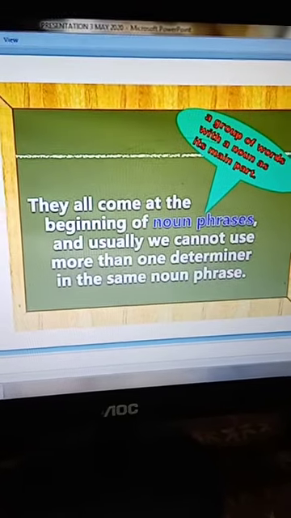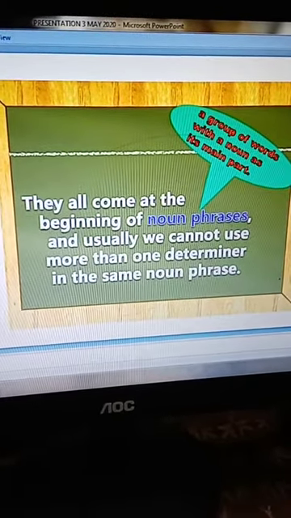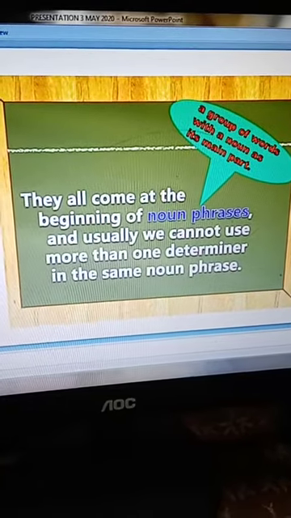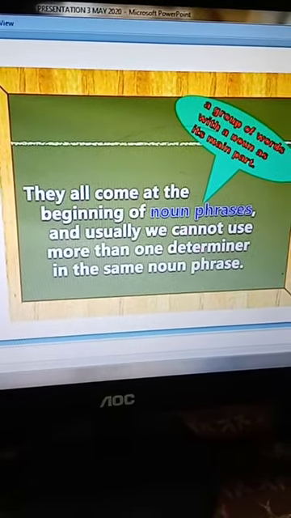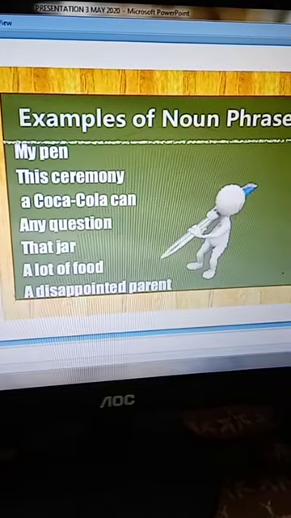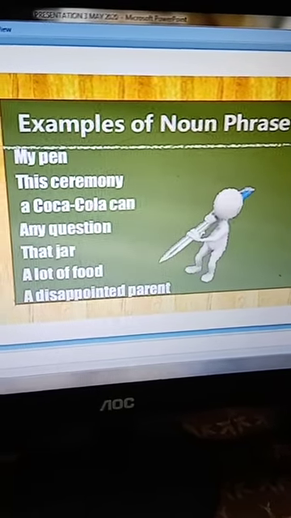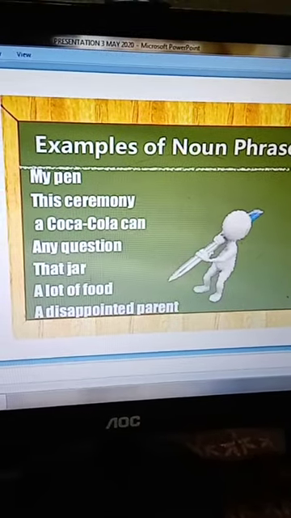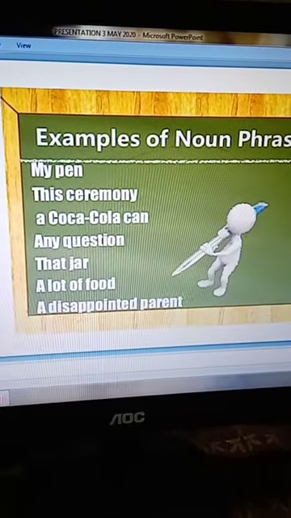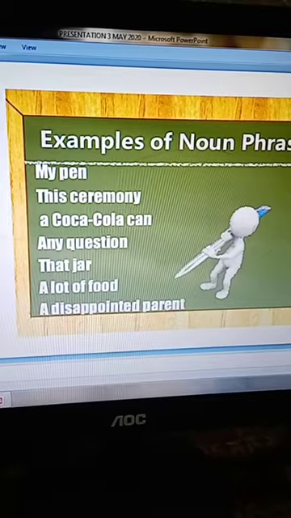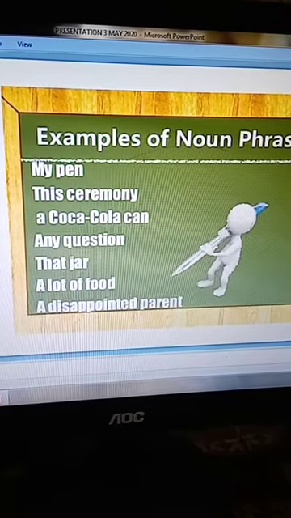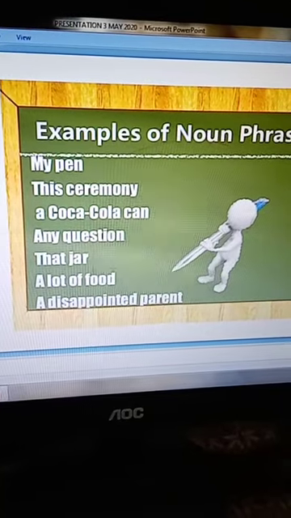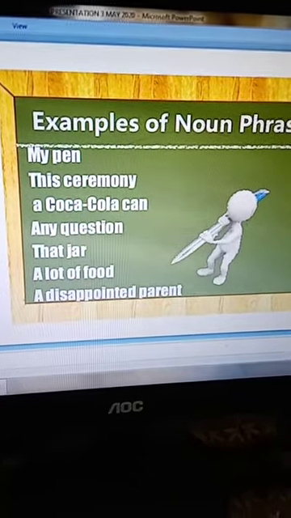What is a noun phrase? A group of words with a noun as its main part. To understand the noun phrase, you can see these examples: my pen, this ceremony, a Coca-Cola can, any question, that jar, a lot of food, a disappointed parent.